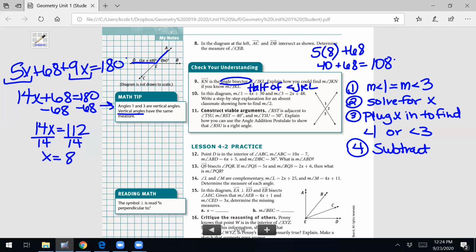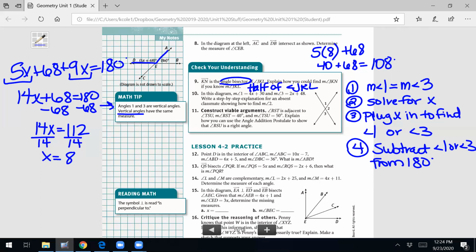Subtract the measure of angle 1 or the measure of angle 3 from 180. So those would be the steps that you would tell your friend or classmate.